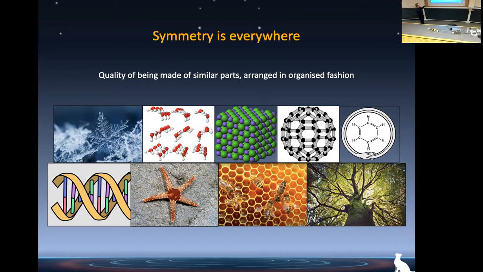I also wanted to start with this example because it is not only aesthetically beautiful, but it also shows, in some disguise, the structure of the frozen water molecules inside the ice that are responsible for the shape of the snowflake.